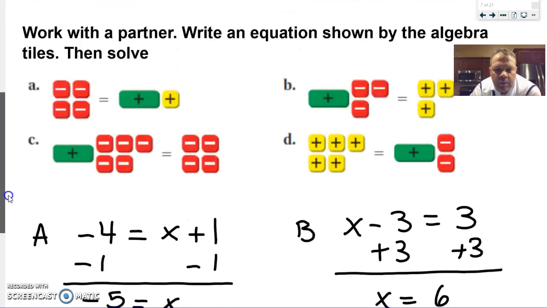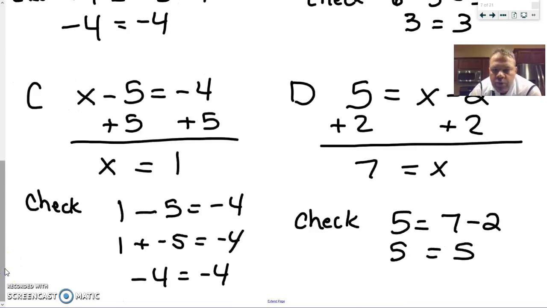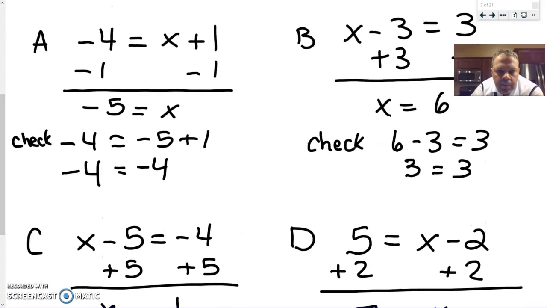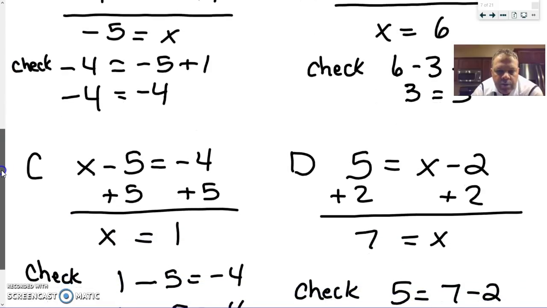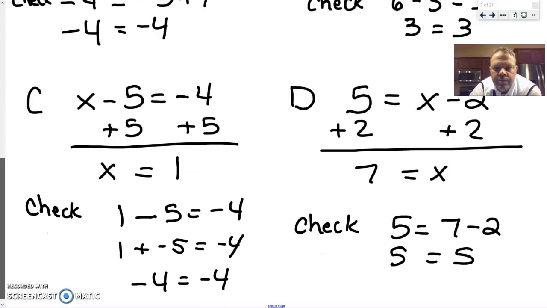So you can see the problems and how I checked those towards the bottom. And there are the last ones as well, so that you can see how to check those.